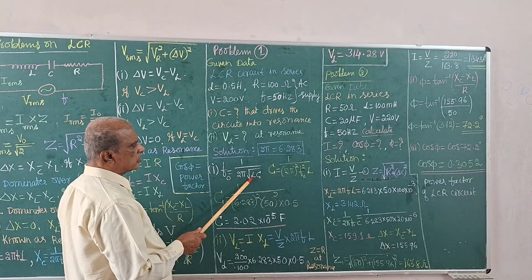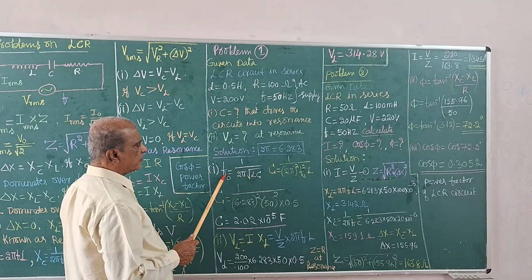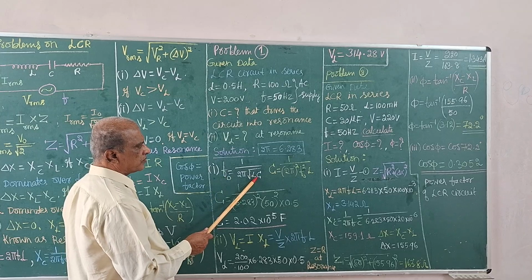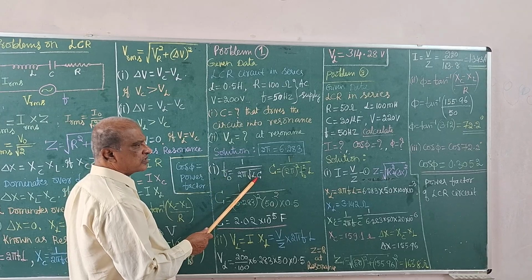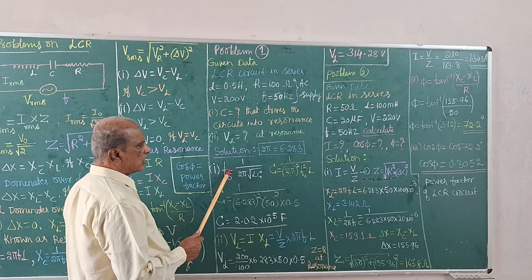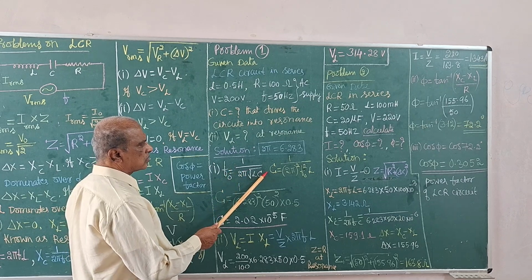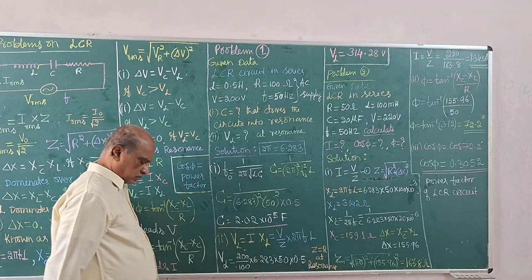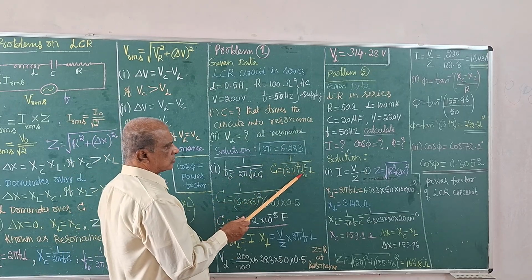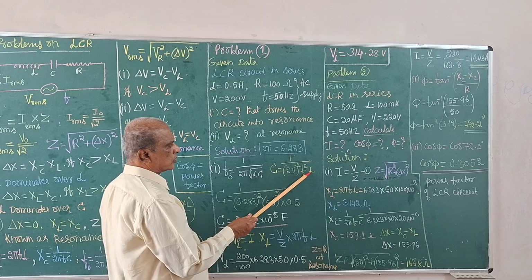I am given the values of L and F naught, so we can find the value of C. It requires rearrangement of the equation, squaring both sides, and taking C equals 1 divided by 4 pi squared F naught squared into L.